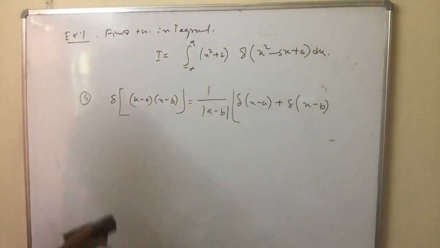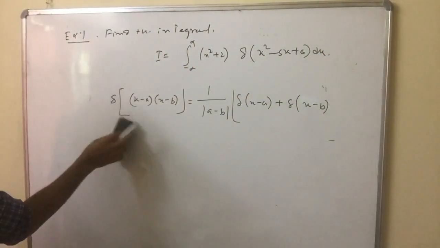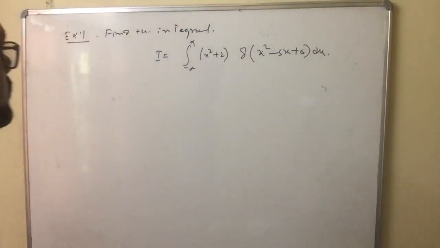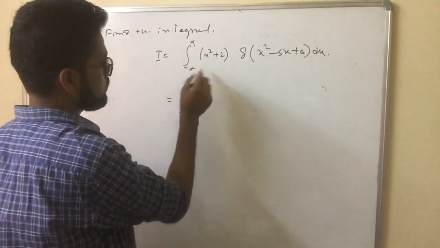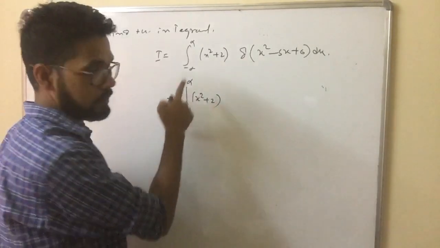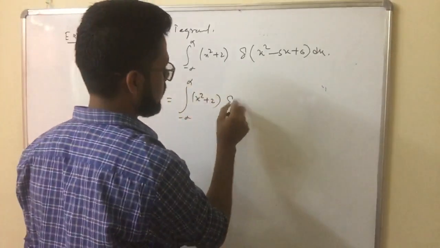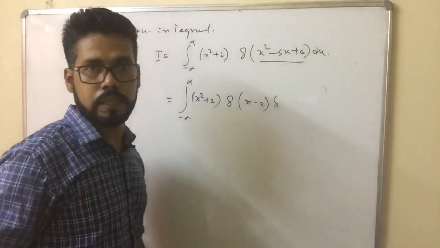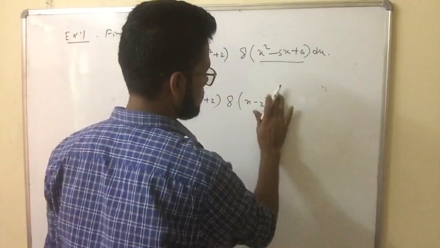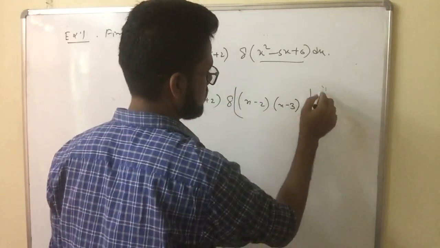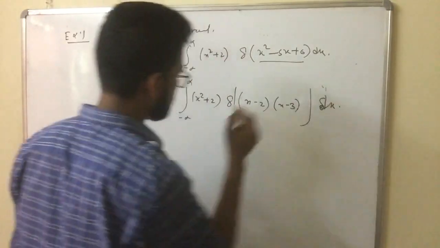So how can you calculate? Using this formula. First of all, if I take the integral, x square plus 2 remains the same, within the limit, no problem. If we take the factorization method, delta((x minus 2)(x minus 3)) dx. What is the property?